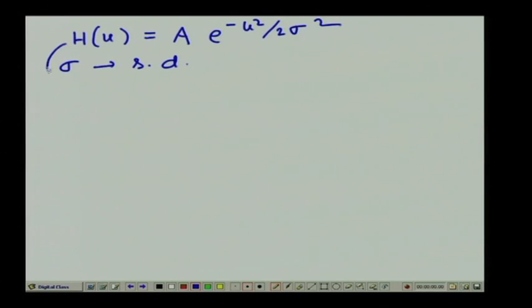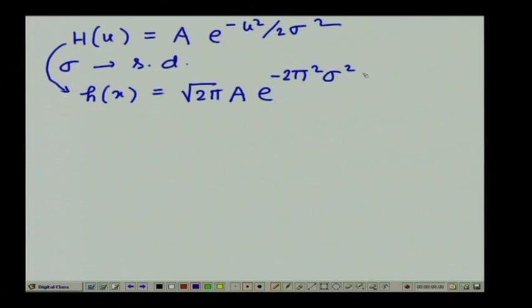And if I take the inverse Fourier transform of this, then the corresponding filter in the spatial domain will be given by h x equal to root over 2 pi A e to the power minus 2 pi square sigma square x square.